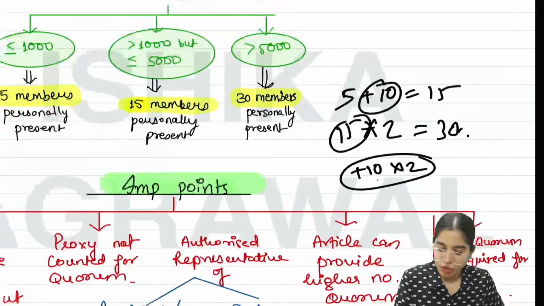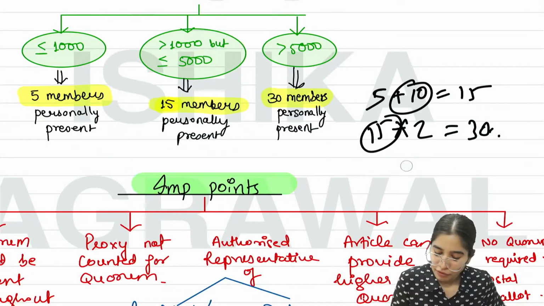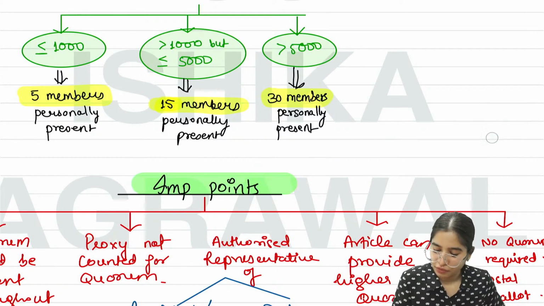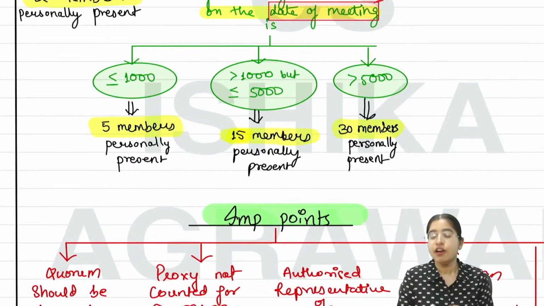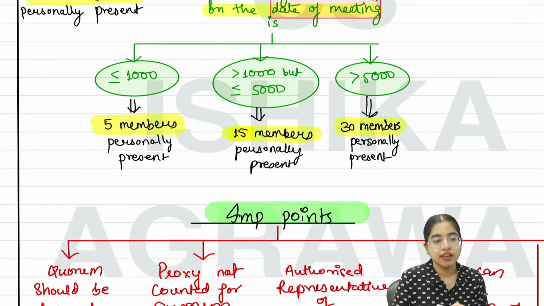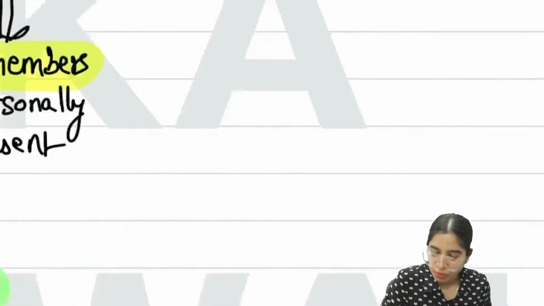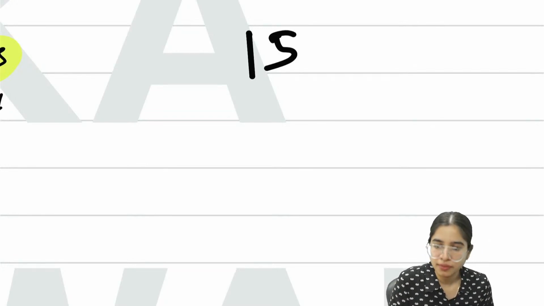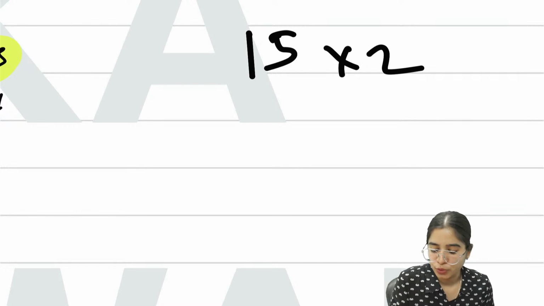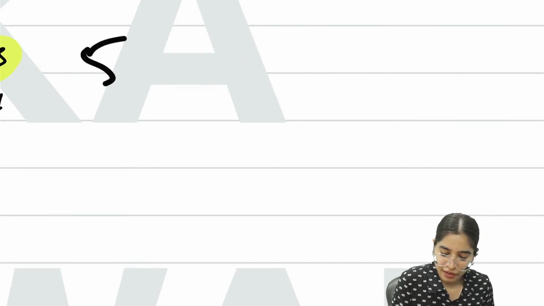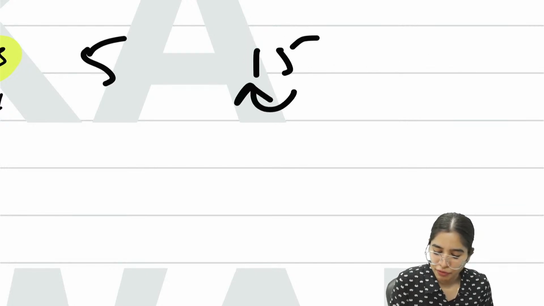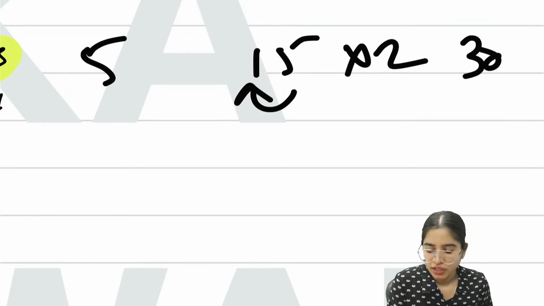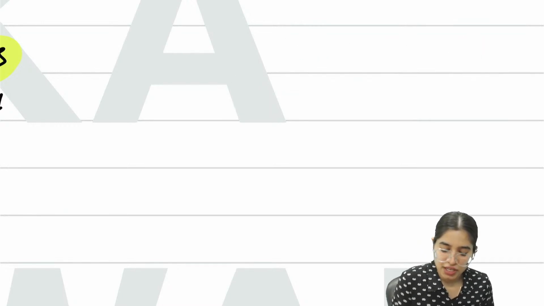That's how you can remember 5, 15, 30, and you will not get confused between 5, 15 and 30. There is one more method to remember this. Take 5, put one before it, that is 15, and then into 2, 30. This is how you can also remember this limit.